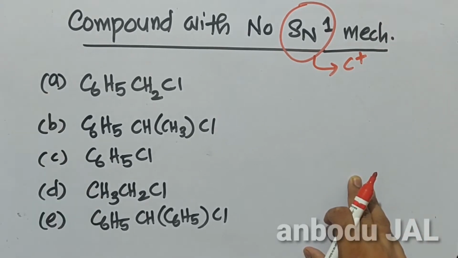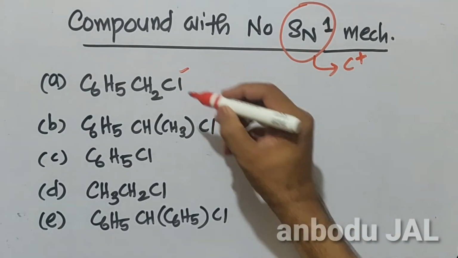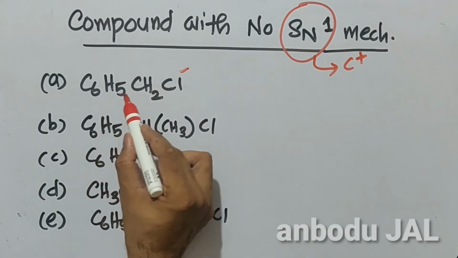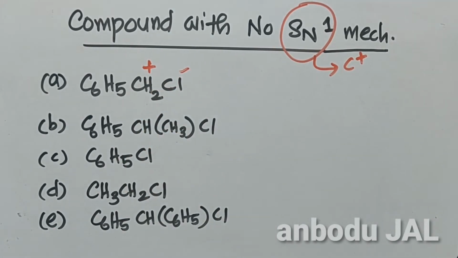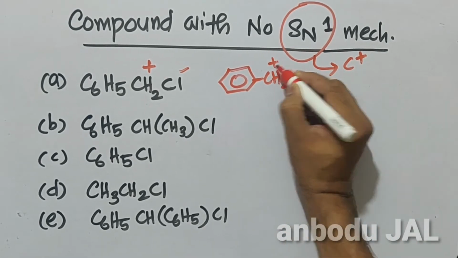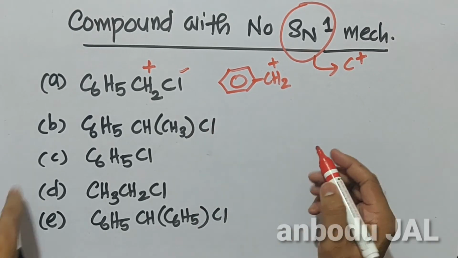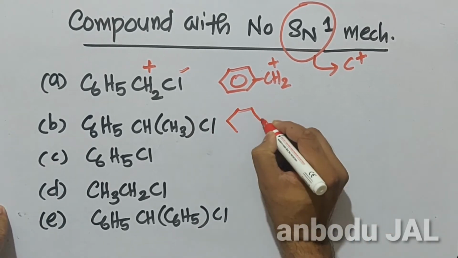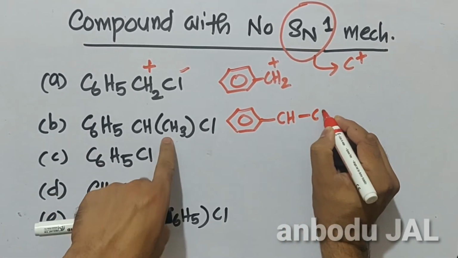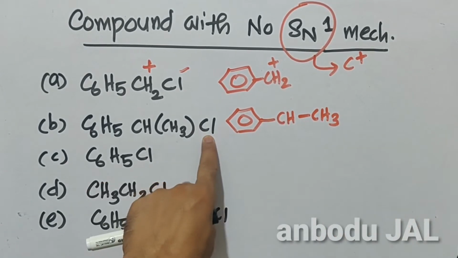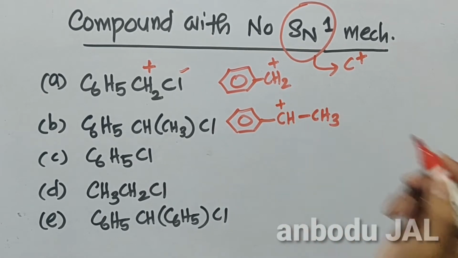In the first case, by leaving of Cl minus, there will be the formation of C6H5CH2 plus, that is the benzyl carbocation. Now the cation formed from this compound is C6H5, that is the benzene ring, then CH, then CH3. Chloride ion will leave from this carbon, so this carbon gets a positive charge.